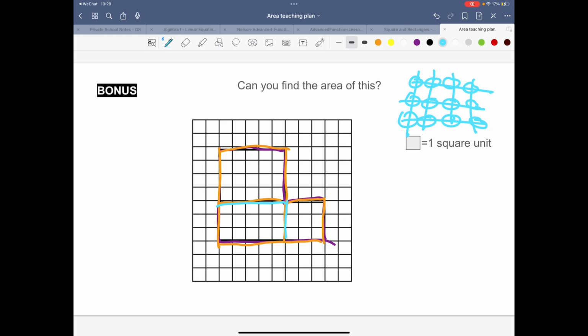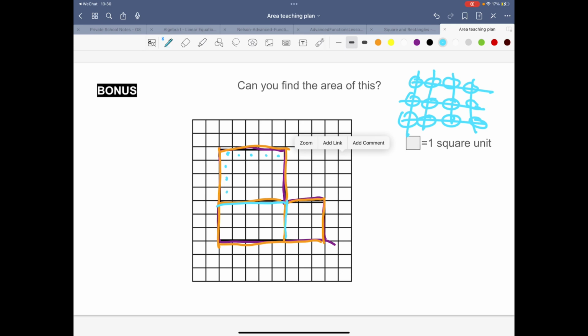So that's what an array is, and we're going to find them out. So let's look at this. This rectangle has 1, 2, 3, 4 square units on each column, and 1, 2, 3, 4, 5 square units on each row.